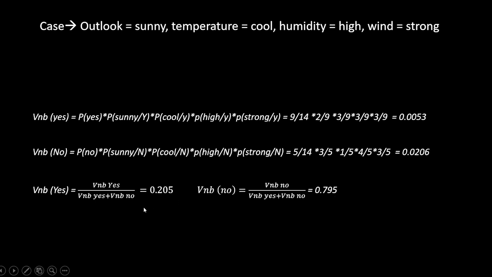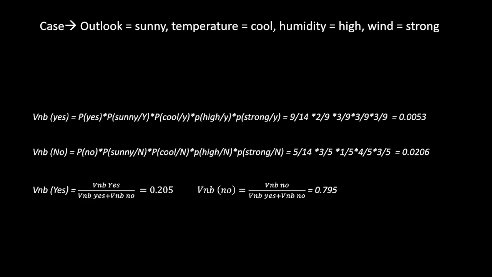What that means is the chance of getting the outcome yes is 20.5 percent. 0.205 can be written as 20.5 percent. The chance of no will be 79.5 percent. That clearly states that you don't have a chance of getting a positive outcome.